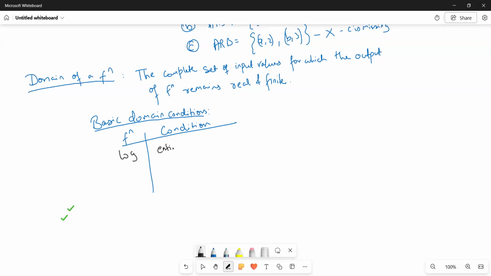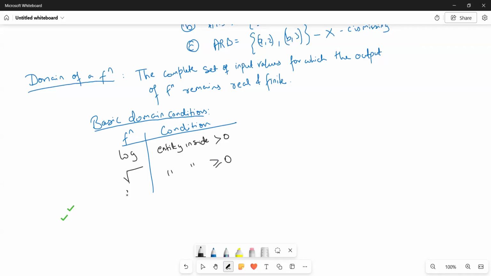The input cannot be negative. Entity inside must be greater than 0. If we have a root, then the condition is entity inside must be greater than or equal to 0.